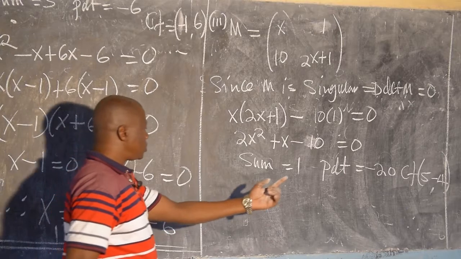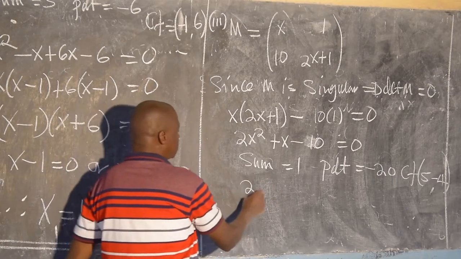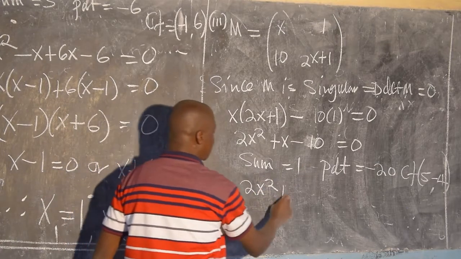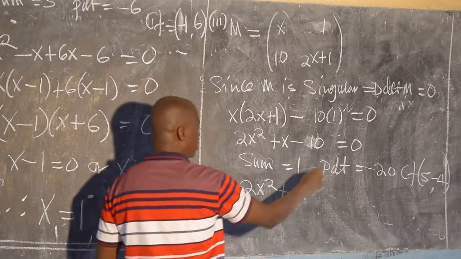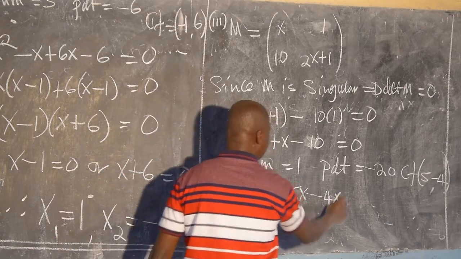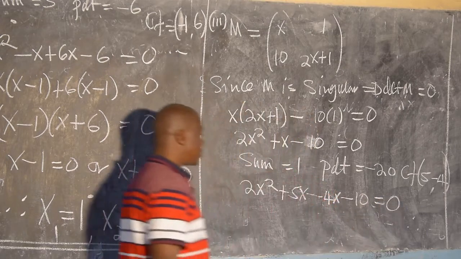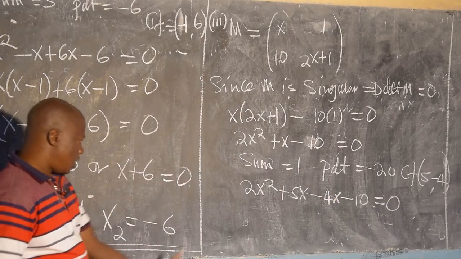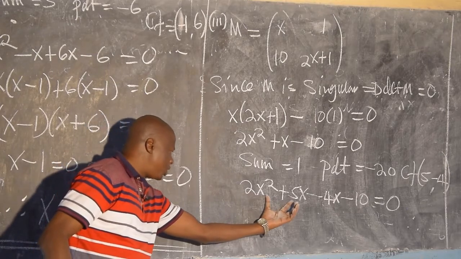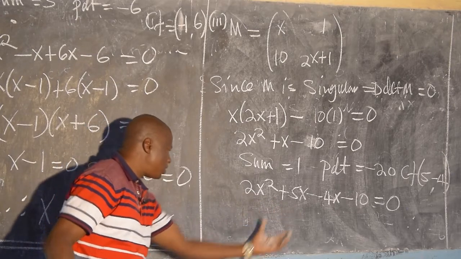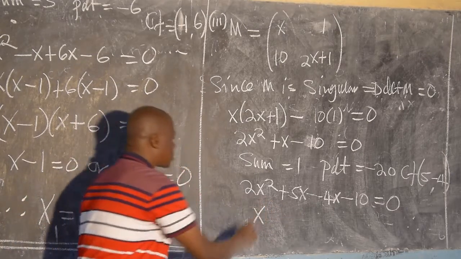We shall substitute in. We have 2x squared plus 5x minus 4x minus 10, this is 0. Observe, there is a common factor here, that is x.